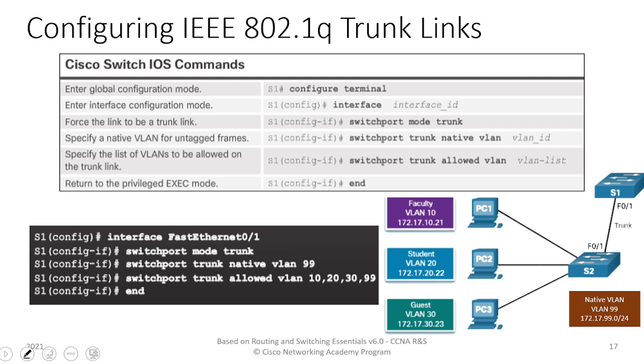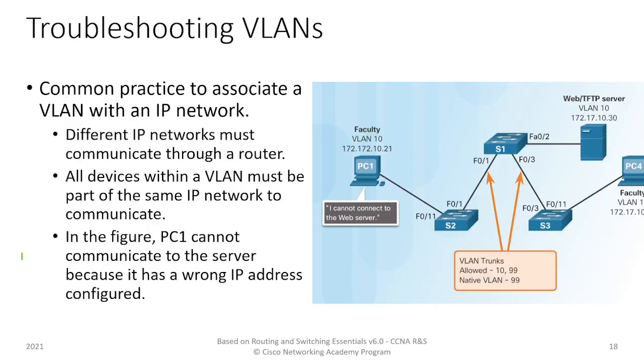And then we are also allowing VLANs 10, 20, 30, and 99 as part of that trunk. So only that VLAN traffic will be taken across this VLAN trunk. Any other VLAN, any other tagged packets, will not be carried across this trunk. So that is the configuration that we do when we are configuring VLAN trunks.